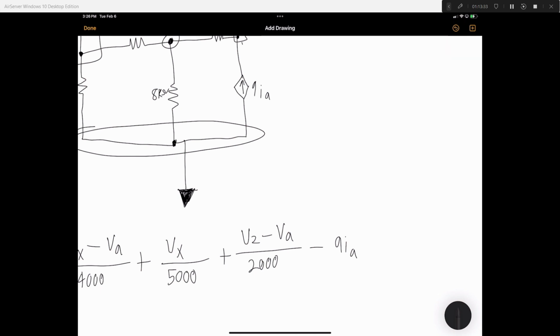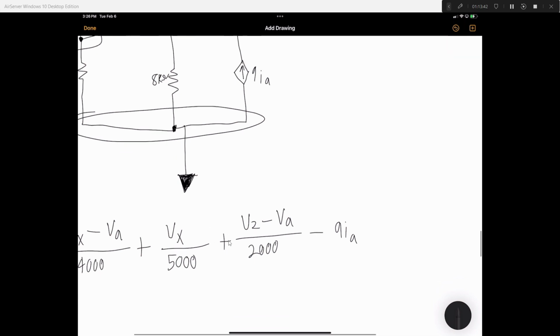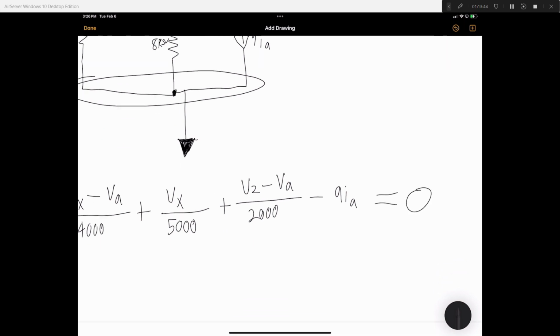What is it called here? Sigma. Alright, yep, mine's correct. This is equal to 0.